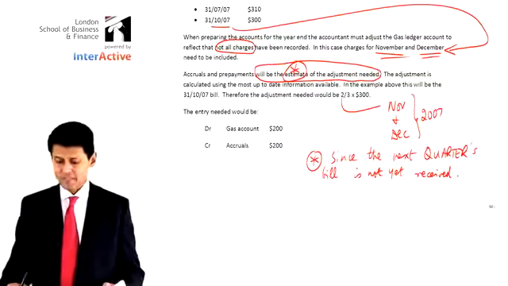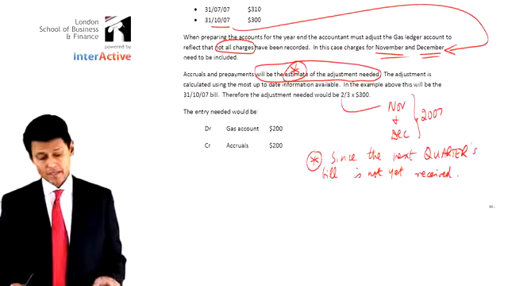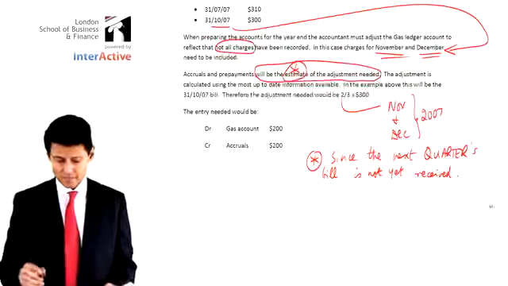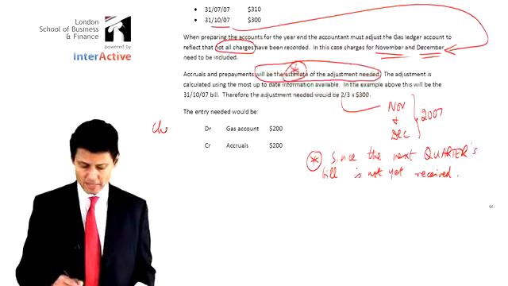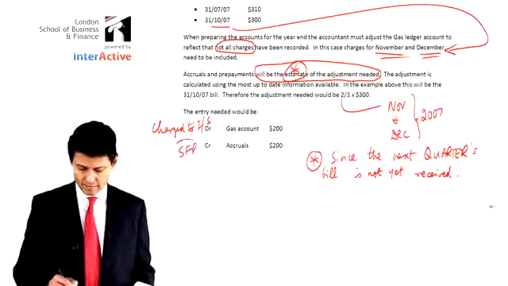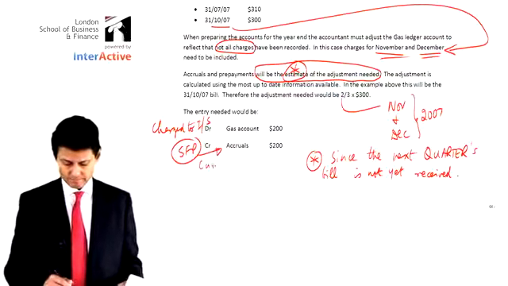And so for November, December, it's 100 per month, so that's 200. That's how the entry is arrived at. Now, don't forget the gas account of 200 goes, of course, to the income statement. So that is charged to the income statement, whereas the accruals must go to the SFP, Statement of Financial Position, as a current liability.